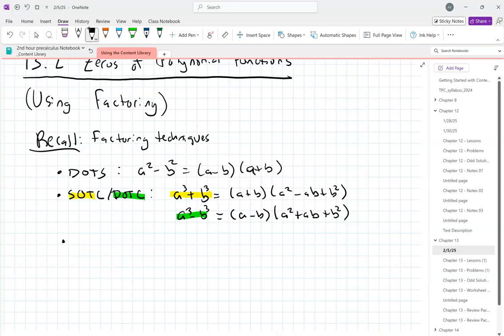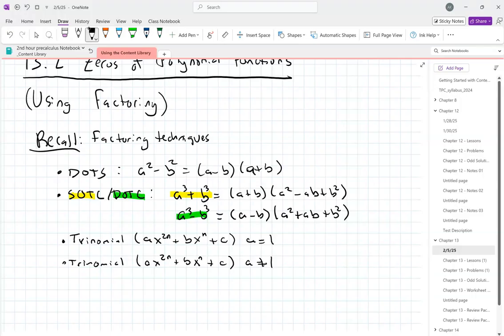There is factoring trinomials that are in the quadratic type, where the leading coefficient is 1, or where the leading coefficient is not 1.